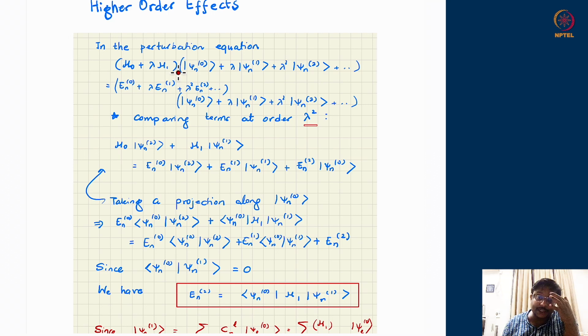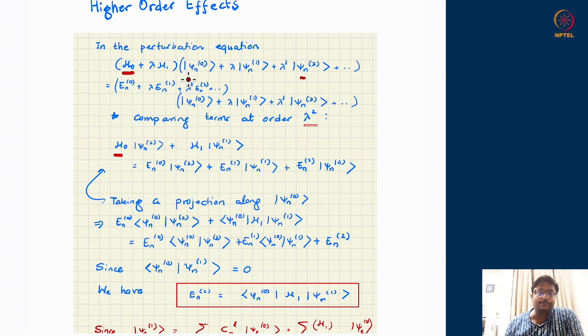So order lambda square terms on the left hand side can come from the following ways. If H naught hits the order lambda square term over here, then I will get an order lambda square term. So that is one potential possibility, which is H naught hitting psi n2. Fine.